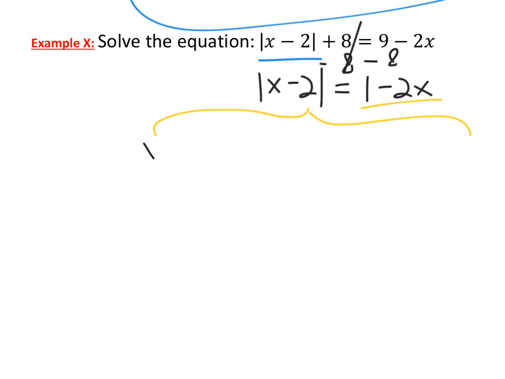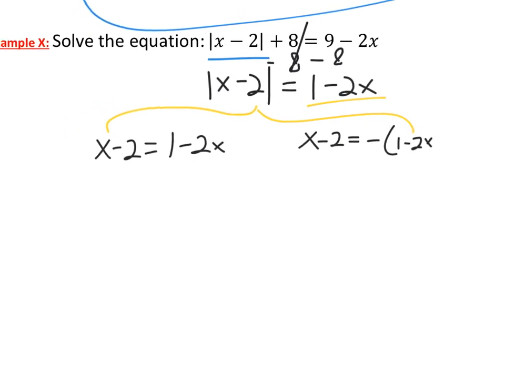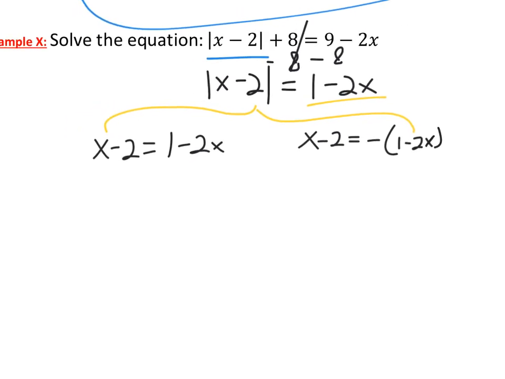When I break it up, I'm still going to have x minus 2 equal to, well, for the positive version, it's simply going to be 1 minus 2x. But for the other version, it's going to be x minus 2 equals a negative (1 minus 2x). Basically, it's the same thing as what we've been doing. Just we have to put it in parentheses because there's two terms.